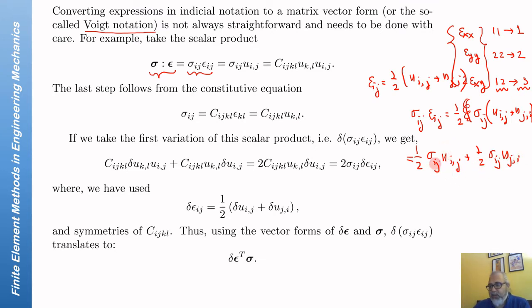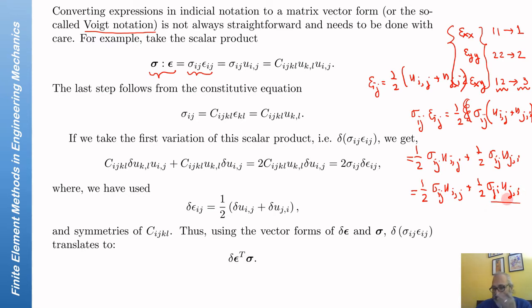Now sigma ij and sigma ji are the same because sigma is symmetric. So I can write this as half sigma ij u i comma j plus half sigma ji u j comma i. But here, because what I'm writing is a scalar, these two expressions have the same meaning.